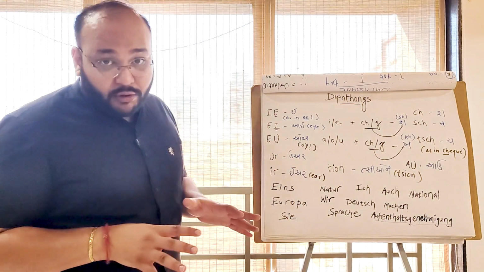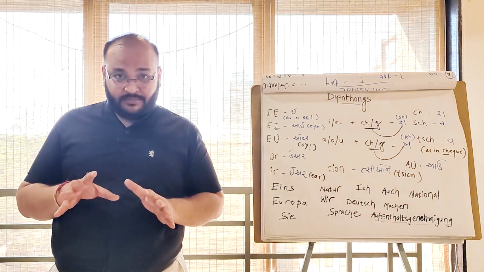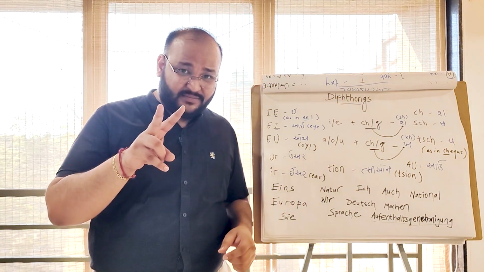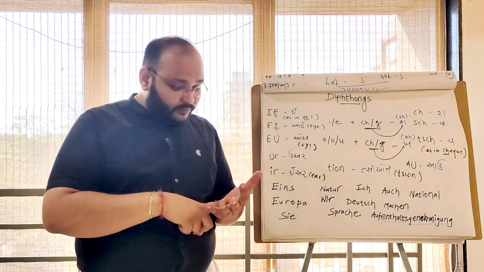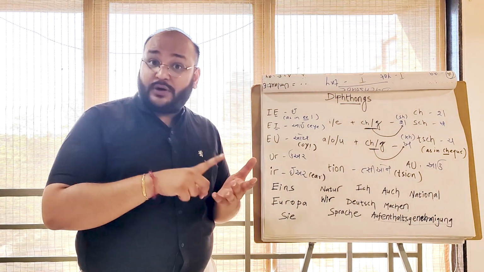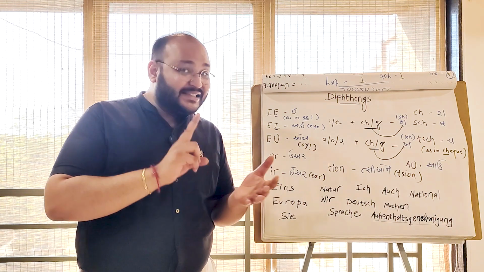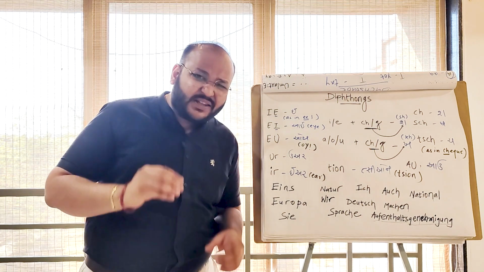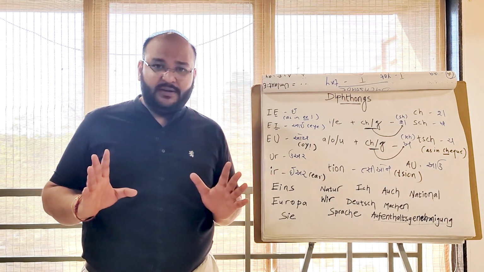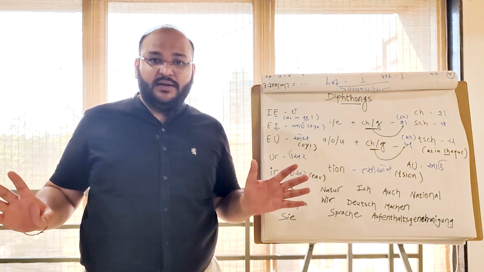Okay. So now, if you know just this much, just these two things. Once again, what are those two things? First is the phonic pronunciation of the alphabets, and second, the pronunciation of the diphthongs. If you know just these two things perfectly, then that's it.